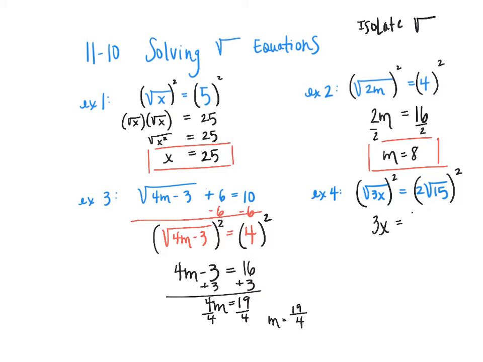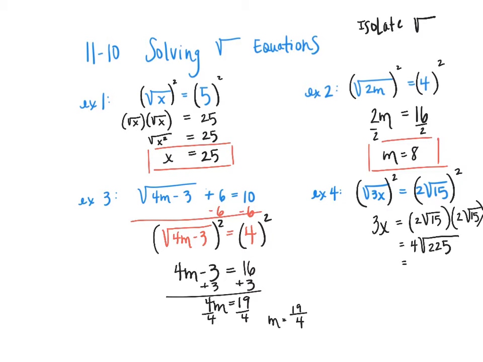Now on the right side, I'm going to write this one down because this one's a little different since we have a number in front. So you have a 2 root 15 times a 2 root 15, which is going to be 4 root 225.